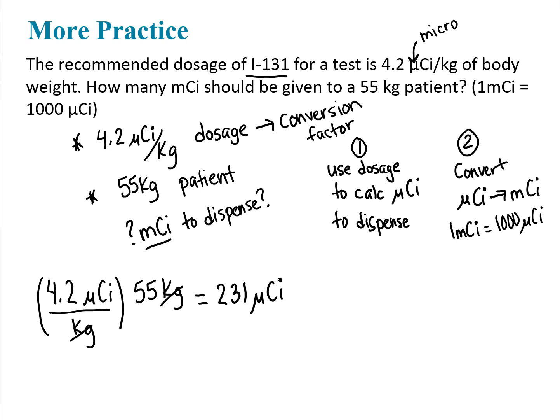So your calculator is going to tell you that. But we can only have two significant figures. But we're still not done yet. Our units are in microcuries. The question is asking for millicuries.